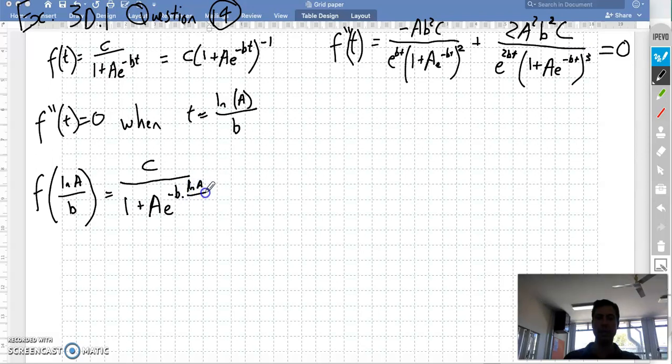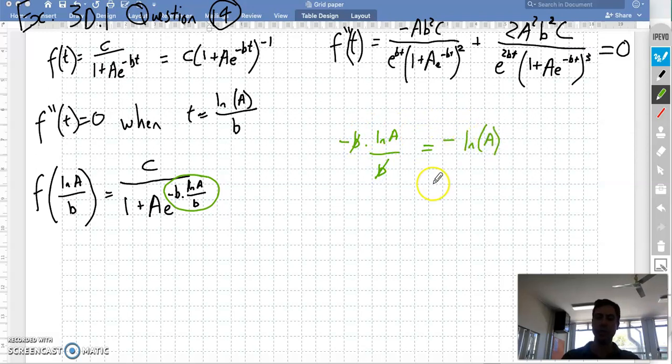Right? Just for a minute, just focus in on this bit here. What's going on there? We've got a minus B times log A all divided by B, right? So what happens? B divided by B is just 1. So this just equals minus log of A.